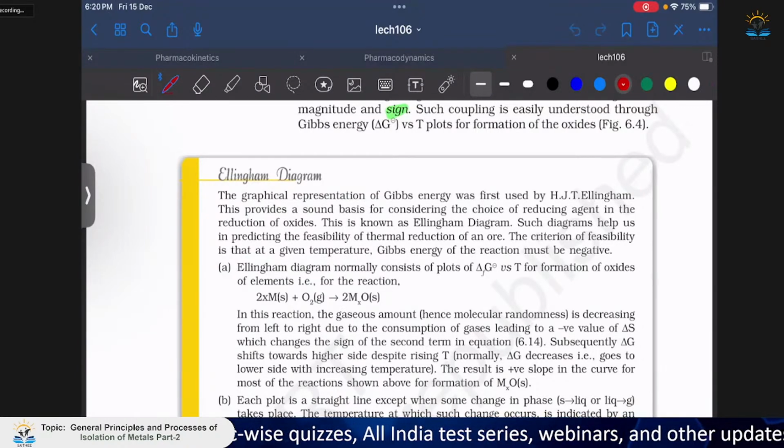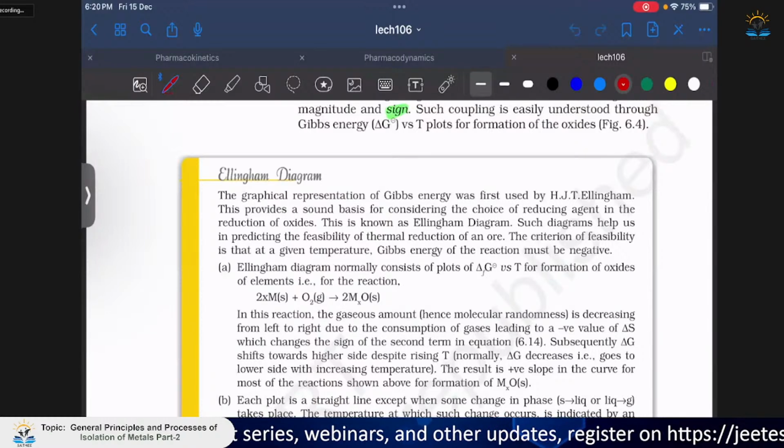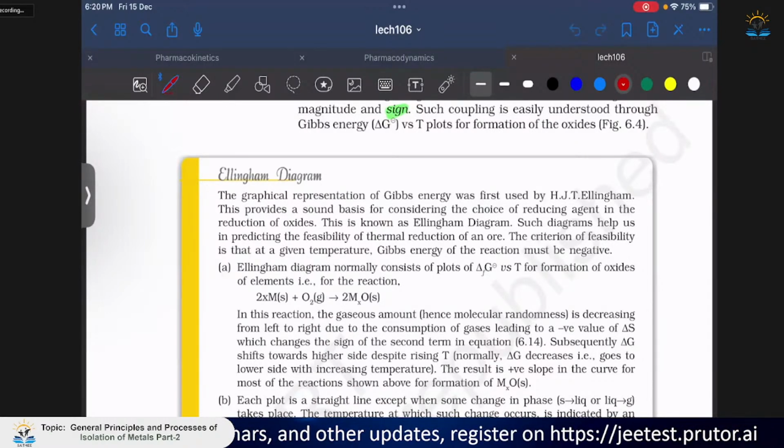So we have discussed the Gibbs free energy criteria, entropy criteria, enthalpy criteria, and equilibrium criteria, which are necessary to shift the reactions to a spontaneous direction.